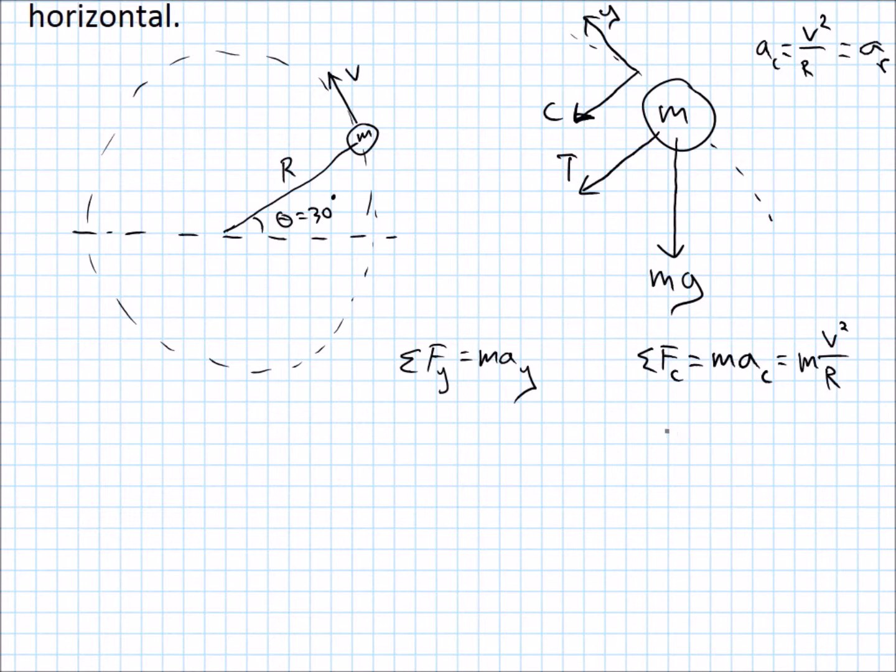So in the C direction, I have the tension, positive tension, but I also have a component of gravity. If I break gravity into its components like this, then we can figure out the C component of gravity. So it looks like it's going to be plus mg's C component, and we'll figure out what that is.